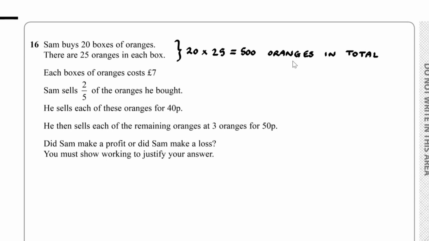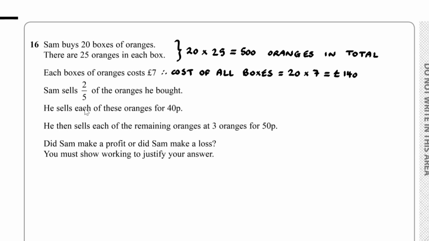Now, if each box cost £7, that means the cost of all the boxes will equal 20 multiplied by 7, which is 140. So we've got £140, which is the total cost of all the boxes.